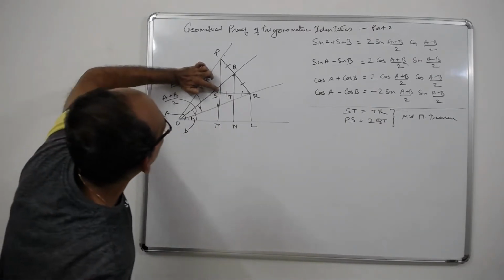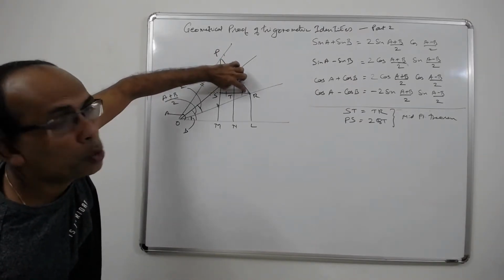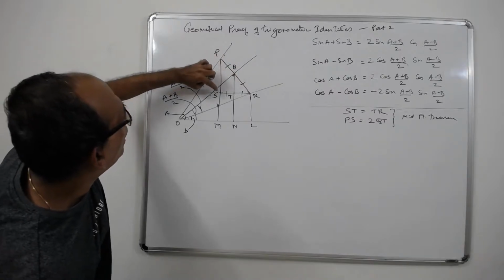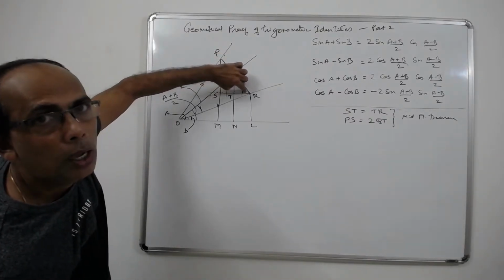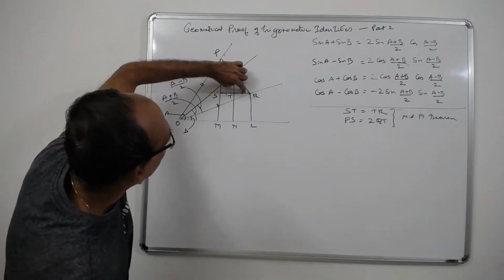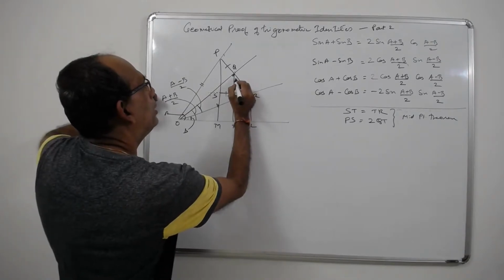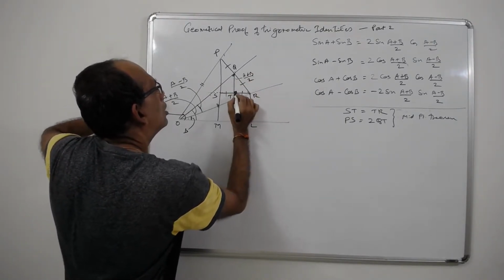If this is (A plus B) upon 2 and this is 90, this will be 90 minus (A plus B) upon 2, right? If this is 90 minus (A plus B) upon 2, then this will be (A plus B) upon 2 because, I'll tell you once again.